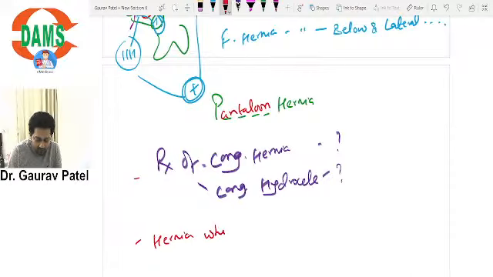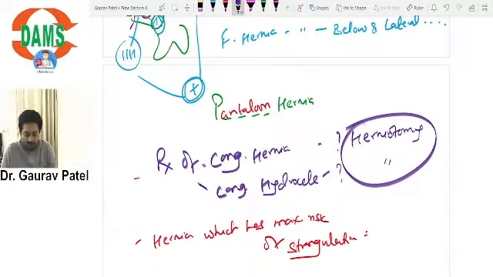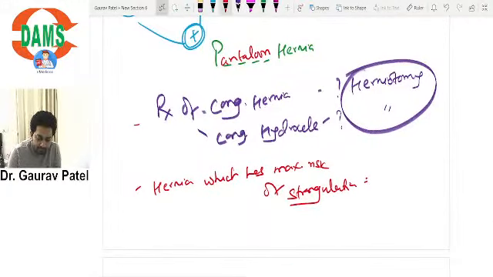Hernia which has maximum risk of strangulation. Yes, you're correct. Herniotomy for both. Whether it is congenital hernia or hydrocele, the treatment is herniotomy. Hernia which has maximum risk of strangulation.